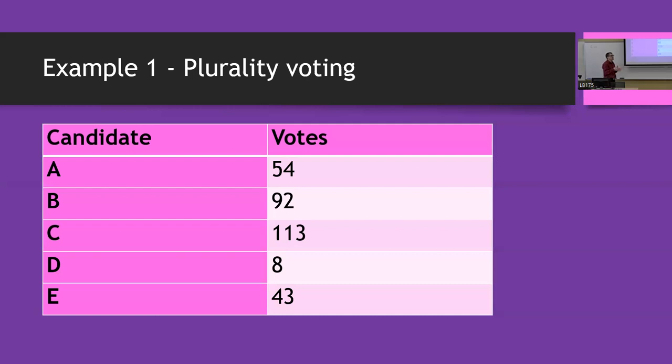And a combined ticket of all the votes for A and all the votes for B would obviously be a winner, right? That overtakes C if we did that. So if we combine these two groups together, let's say A decides to step out of the race and give all of their votes to B, then all of a sudden B wins. Does that make sense?